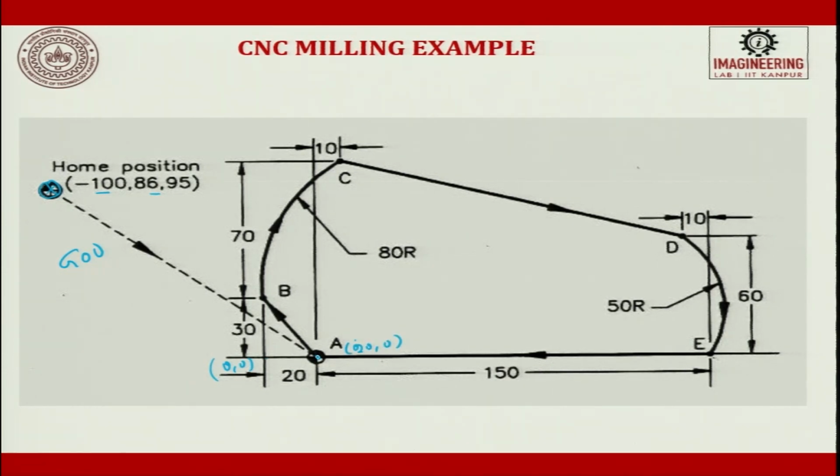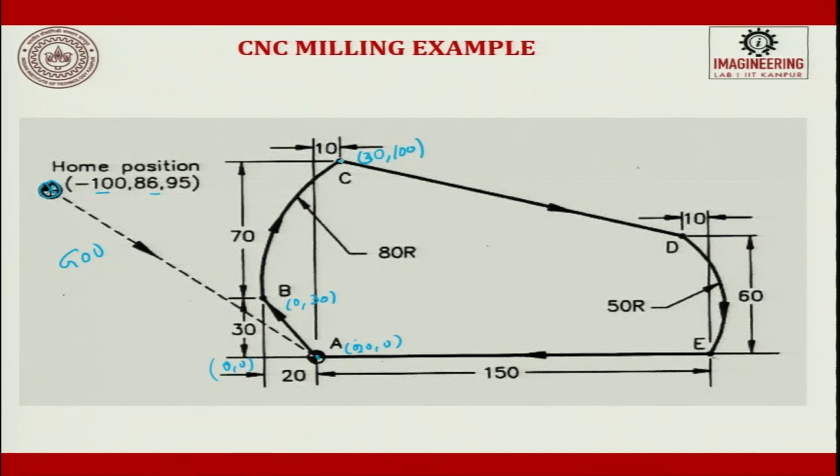From here you are going to this point where we have given you the points 30. So, this is 0, 30 and from here you are going to this point which is 10 offset from here and from here it is 100. So, on the x axis it is 10, x axis it is 30 and y axis it is 100.